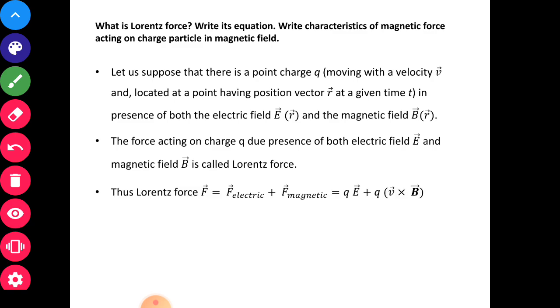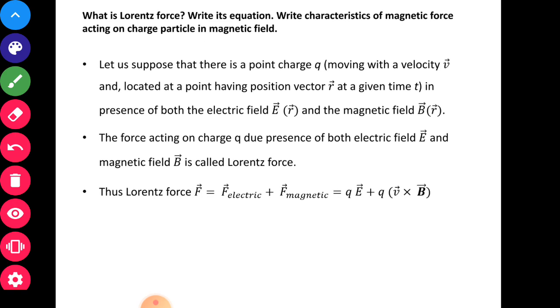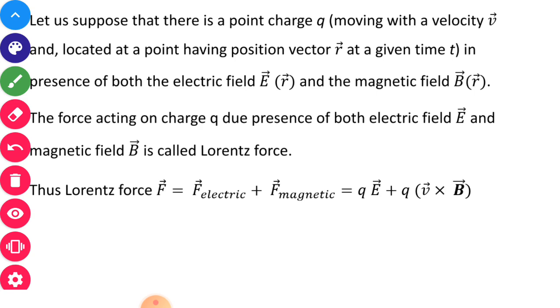Okay, this Lorentz force is the vector sum of the two forces. One force is electric force and the other one is a magnetic force.